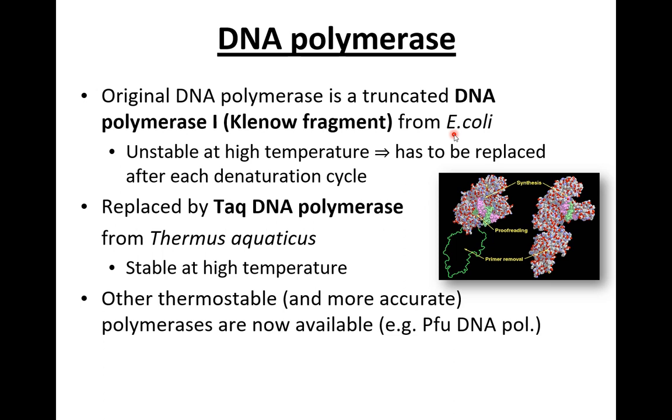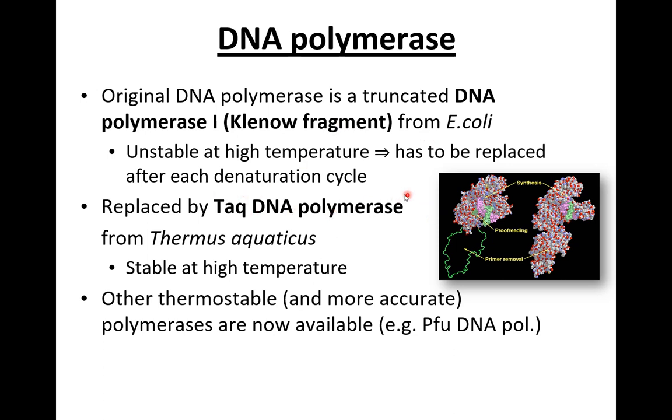So in fact, at the beginning, it had to be replaced. In every cycle, they had to add more Klenow fragment to keep going and going and going. So imagine you have to do it 30 times, 35 times, depending on the number of cycles you're doing.